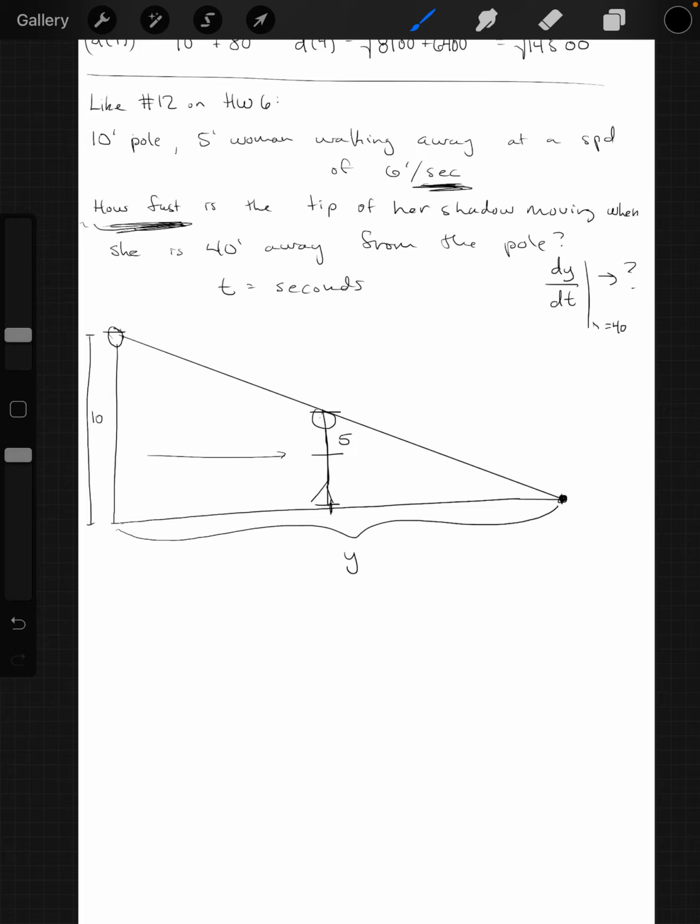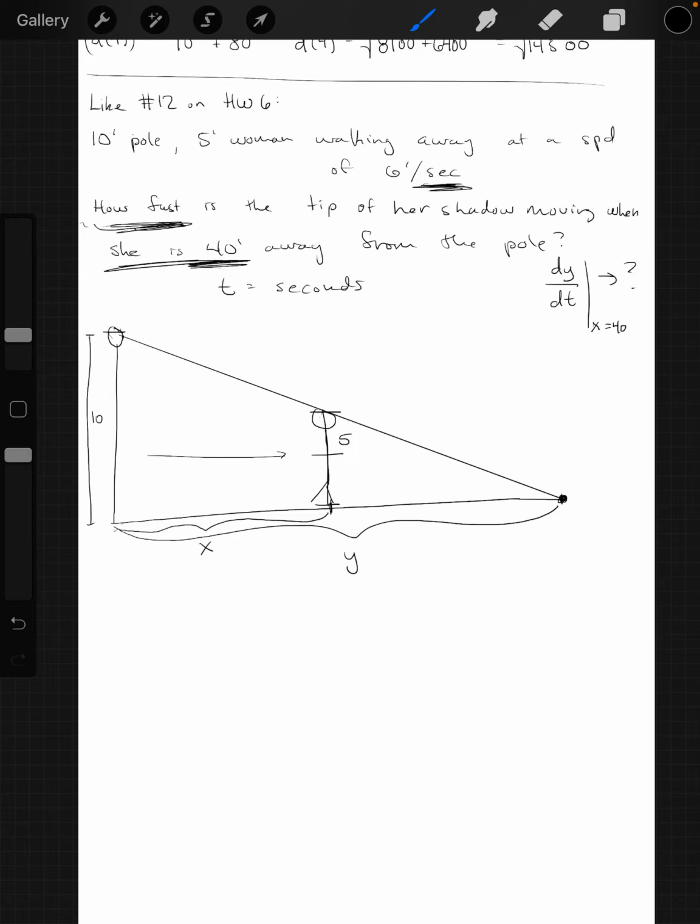But we figured out that we need a name for something, so let's call that x. And then note that that has to be x now. Right? So we know that we need to be able to talk about what happens when the woman is 40 feet away from the pole. So that means we need a variable that has to do with that, right? So that's how I knew that I needed to name that x.